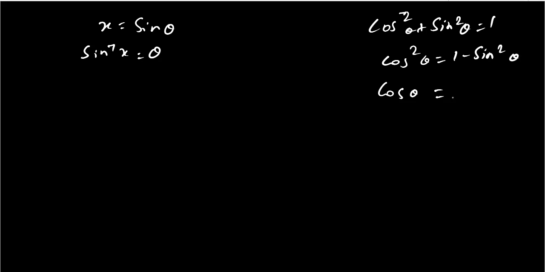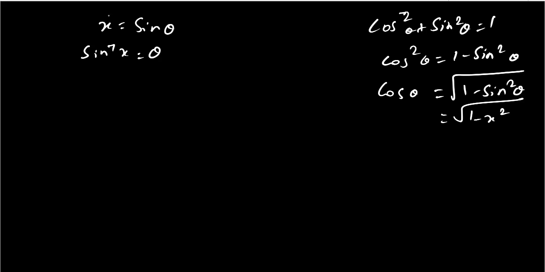So cos theta equal to square root of 1 minus sin square theta. Here sin theta we have taken as x. So this will become square root of 1 minus x square. So cos theta equal to square root of 1 minus x square.